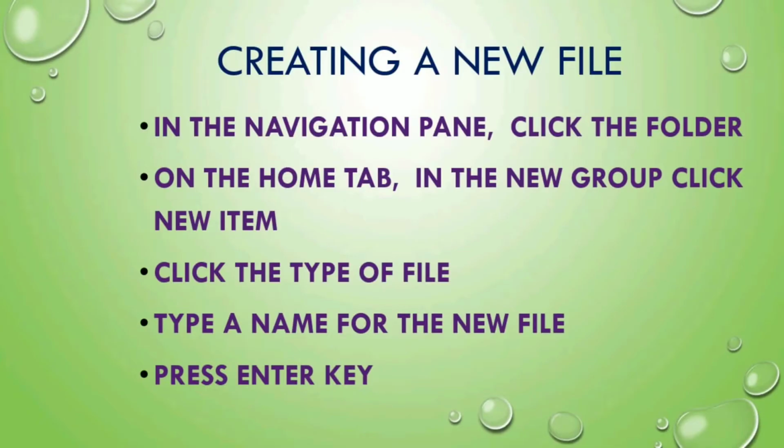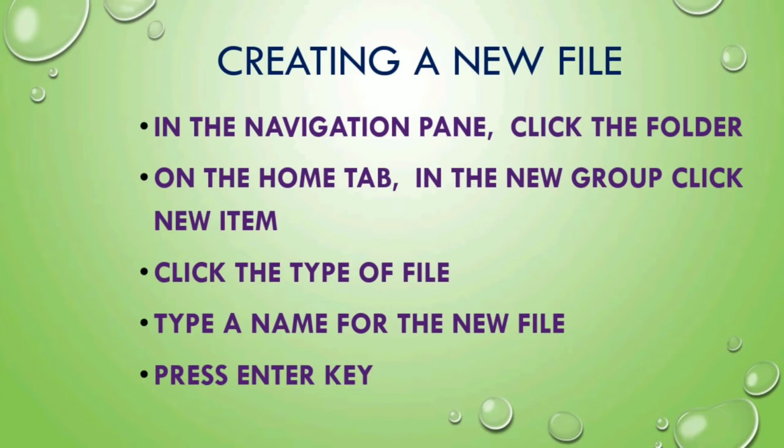And the next one, how to create a new file. We can already create a folder, and then how to create a new file. To create a new file, in the navigation pane, click the folder in which you want to create the new file. Again, click on the Home tab, in the New group, and click New Item.